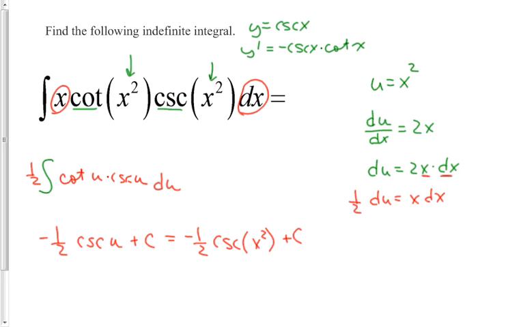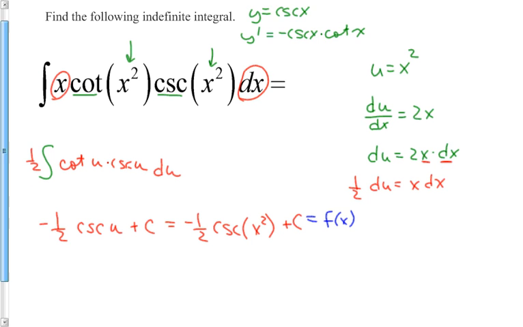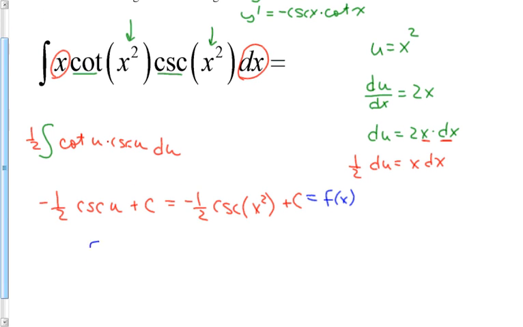And again, let's just check this here. Let's say that this is what capital F of x now equals. If we go back, the derivative of that would be, let's see now, I'll have my negative 1/2 times, the derivative of cosecant is a negative cosecant, that plus goes there, cosecant of x squared times cotangent of x squared.